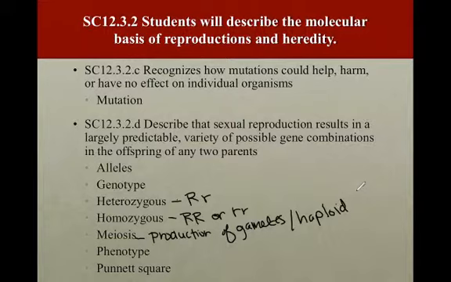The body cells are called diploid. So in our bodies, a body cell has how many chromosomes? Remember? 46 chromosomes. And then the gamete would have 23.